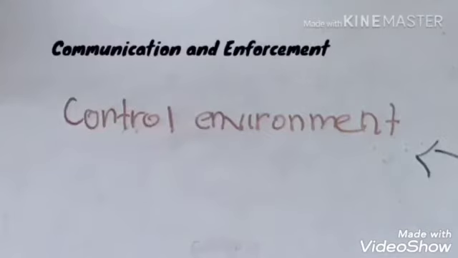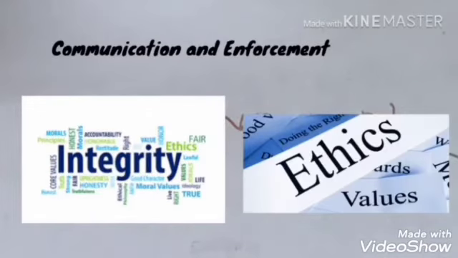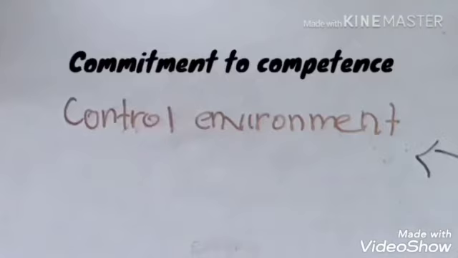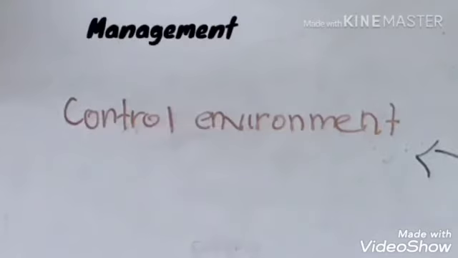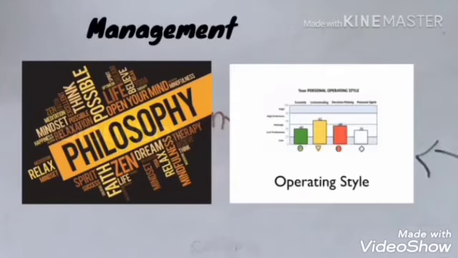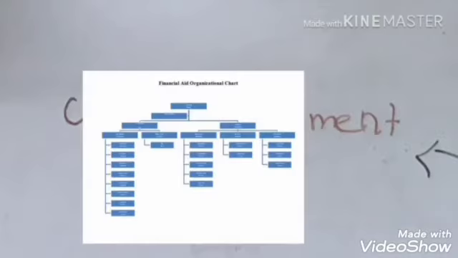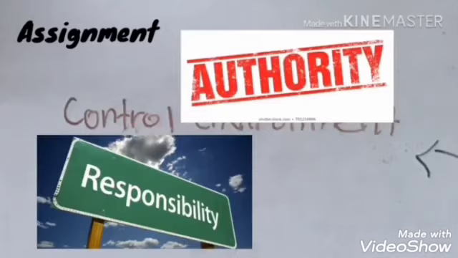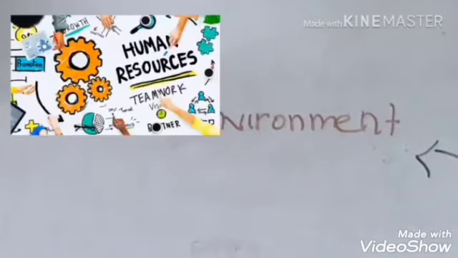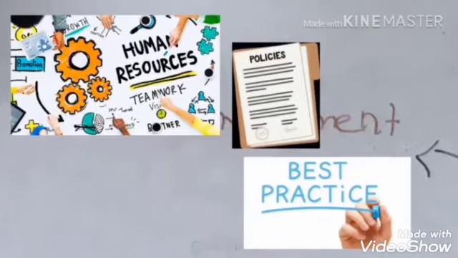Elements of the control environment that are relevant when the auditor obtains an understanding include the following: communication and enforcement of integrity and ethical values, commitment to competence, participation by those charged with governance, management's philosophy and operating style, organizational structure, assignment of authority and responsibility, and human resource policies and practices.